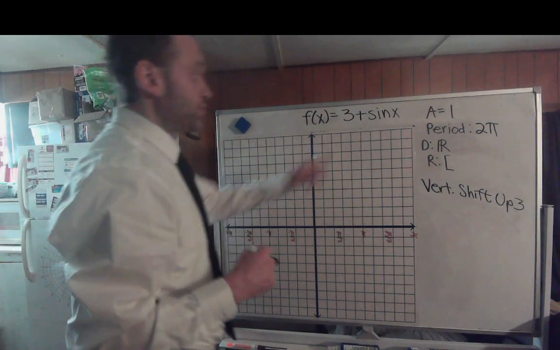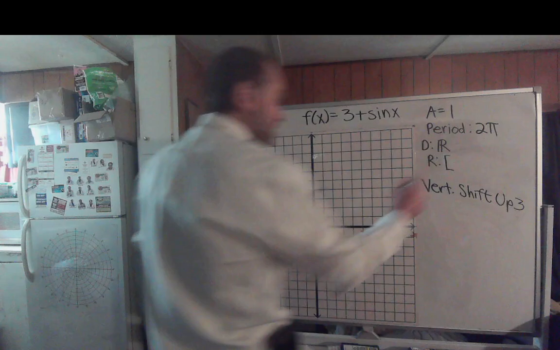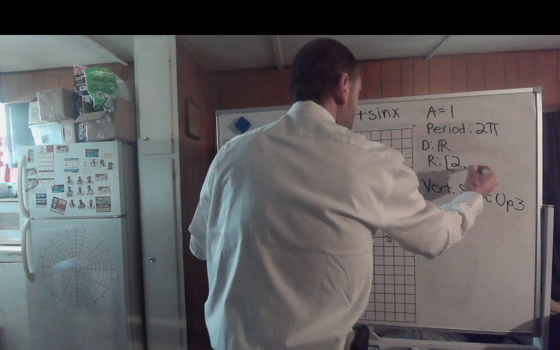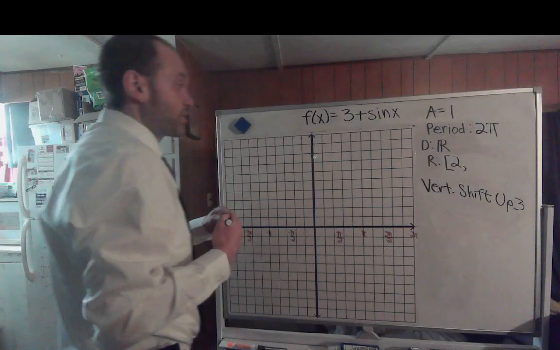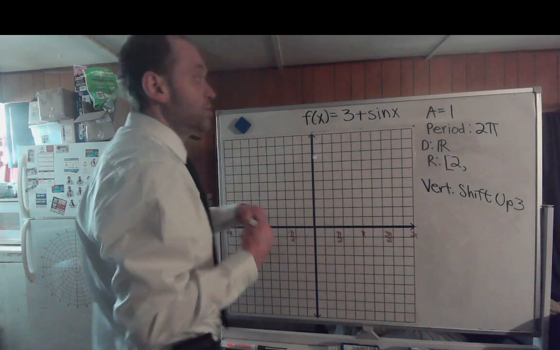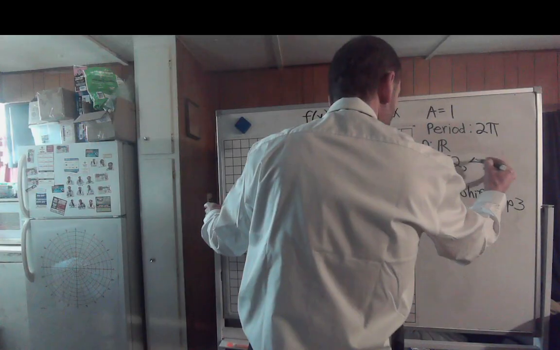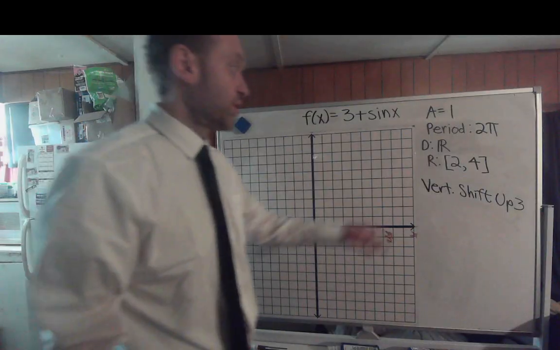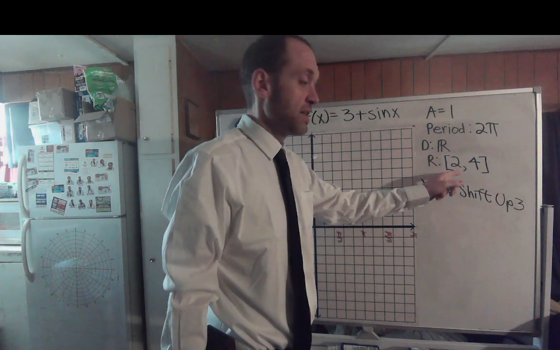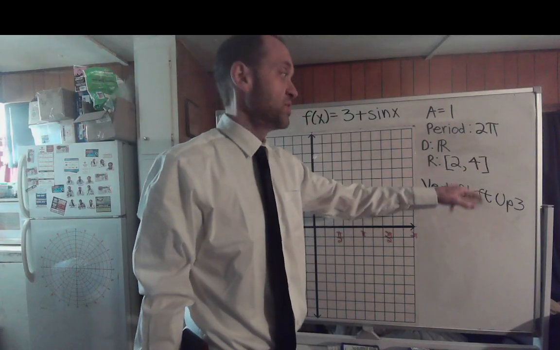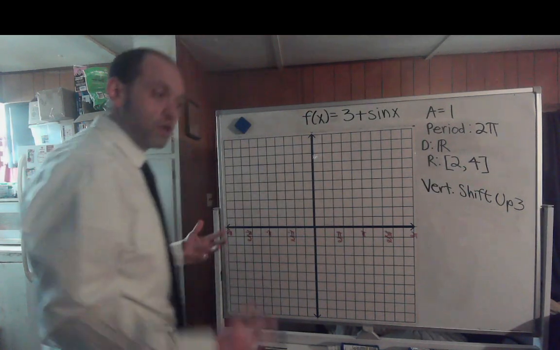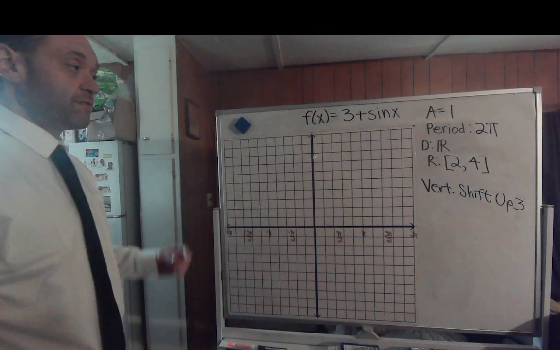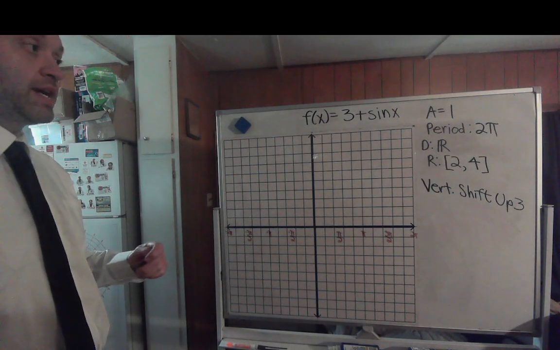If you add 3 to -1, you get positive 2. And then if you add 3 to positive 1, you get 4. So in actuality, what's happened is your range now becomes from positive 2 inclusive to 4 inclusive, and every value in between. So a vertical shift does affect your range.